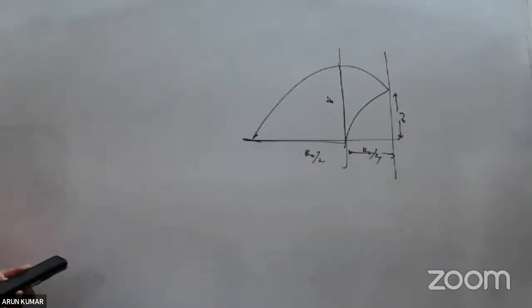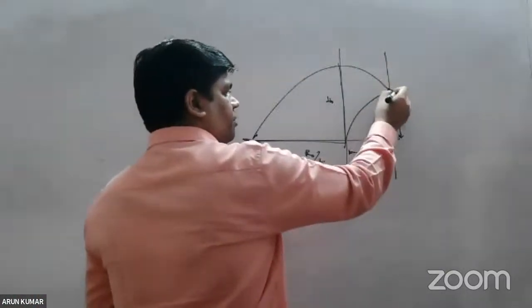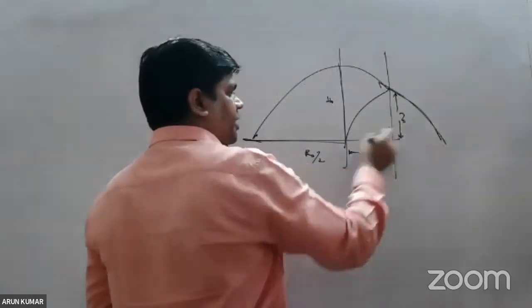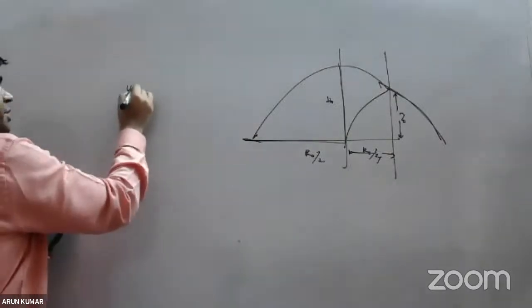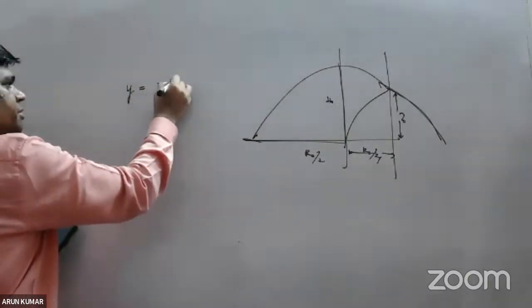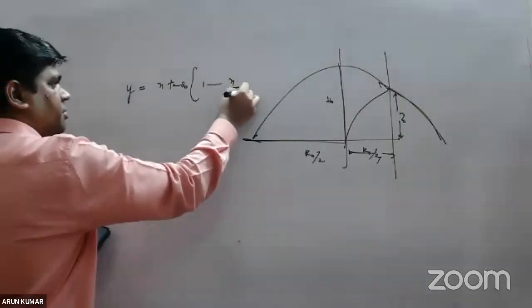So my range is r, maximum height is h. So my equation to the trajectory will be y is equal to x tan theta into 1 minus x by r.